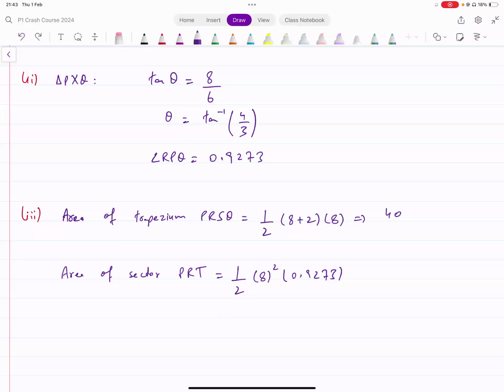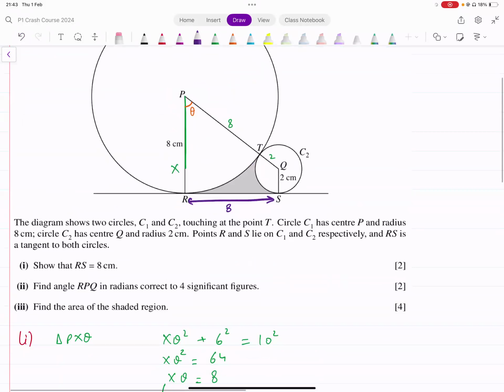What's this value? 29.6736. So we can say 29.674. Okay. All right. Then we have area of this sector.